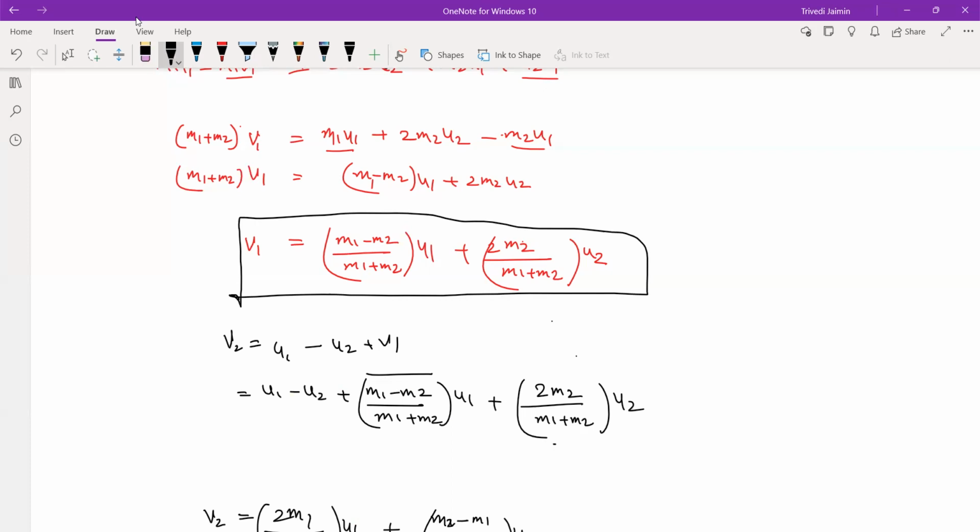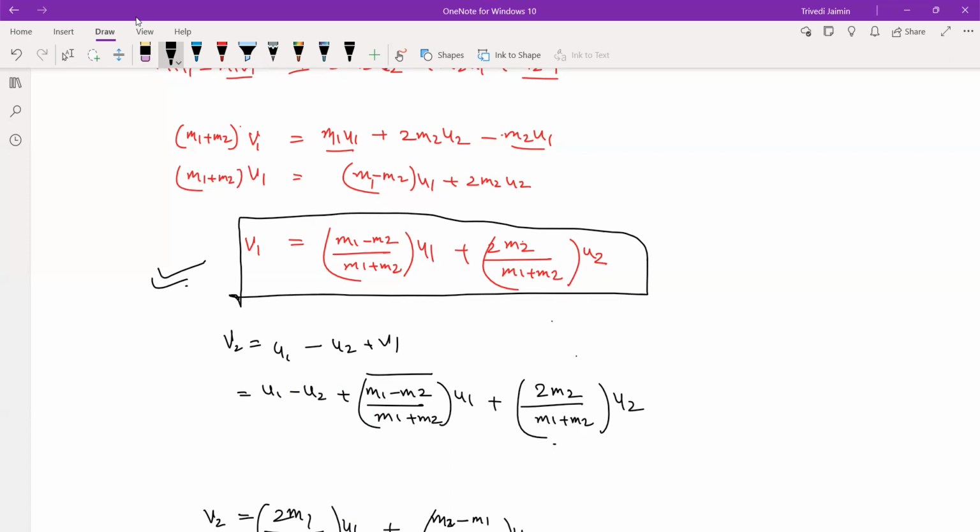Now I have got v1. I got the same equation. m1 plus m2 is common, I wrote it separately. Okay, now we got this v1. Now we need to find v2 also.